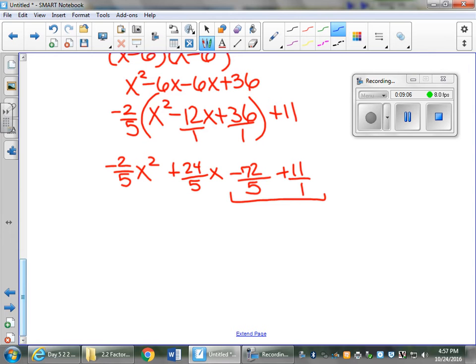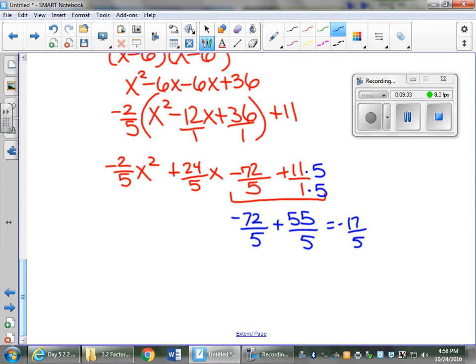Adding and subtracting fractions, we need common denominators. So I'm going to multiply my second fraction both by 5. That'll become negative 72/5 plus 55/5 to get a common denominator. Now I can go ahead and combine my numerators. So if I do negative 72 and I add that to 55, I'm going to get negative 17/5.